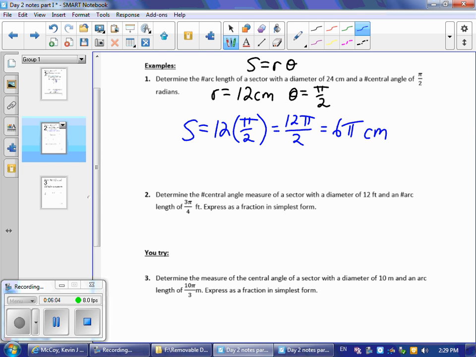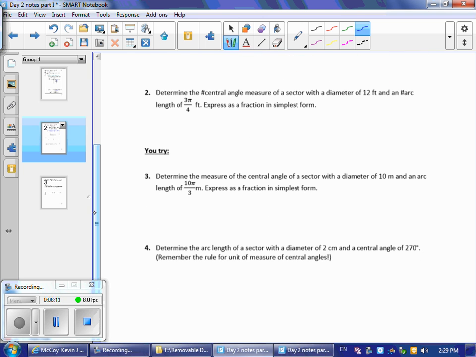Sometimes, however, we're not looking for the arc. Sometimes they'll give us the arc and we're looking for either the radius or the central angle, like in number 2. It says determine the central angle measure of a sector with a diameter of 12 feet and an arc length of 3 pi fourths feet, expressed as a fraction in simplest form. So we are trying to determine the central angle, which means we are looking for theta.